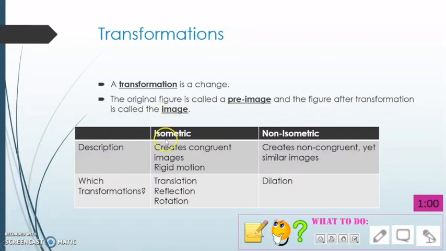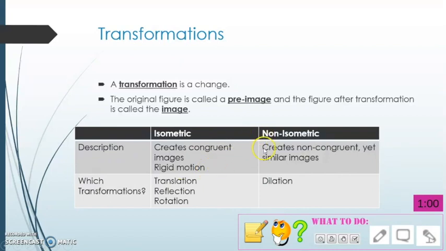There are two kinds of transformations, two categories or groups. One is isometric, and another one is non-isometric. Isometrics create congruent images. They are the same size and the same shape. These are also called rigid motions.